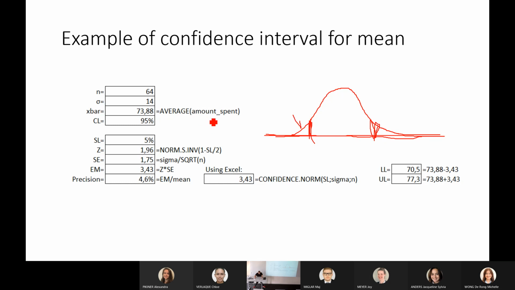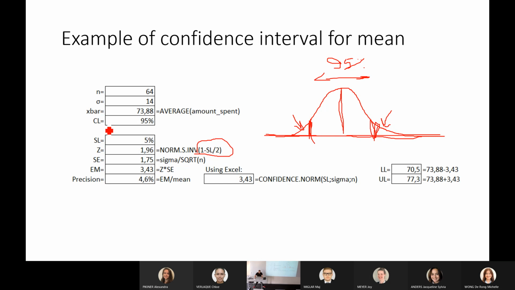So we need 2.5% here, and 2.5% here. That's why we have to use the formula 1 minus significance level divided by 2. Then our confidence interval will be 95, taking into consideration 95% of the amount spent, of the answers given.